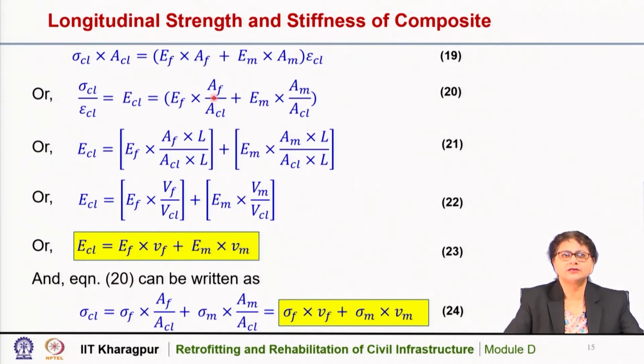Equation 20 can also be written as sigma CL is equal to sigma F into AF by ACL plus sigma M into AM by ACL, and that can be written as sigma F into VF, because AF by ACL is also the volume fraction. If I multiply L on numerator and denominator, that becomes VF. So, this is equal to sigma F into VF plus sigma M into VM.